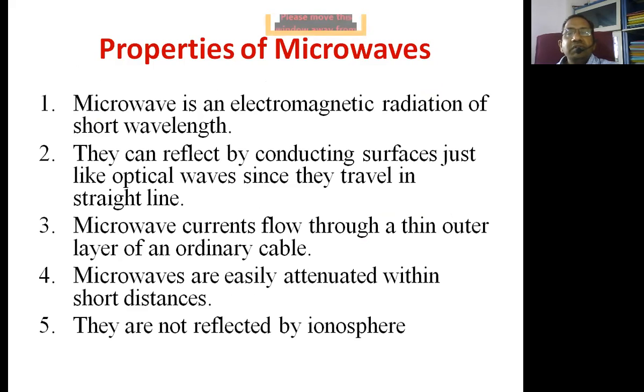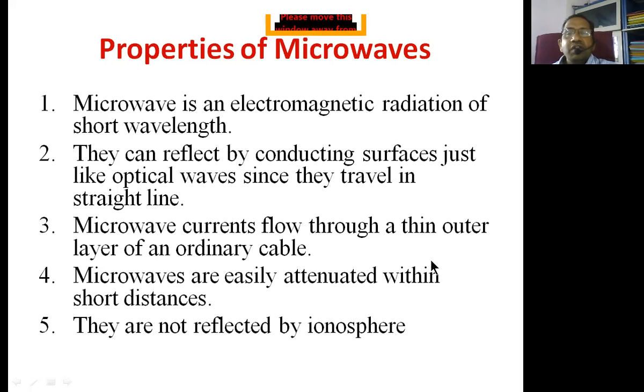Microwaves are electromagnetic radiations of short wavelength. They can be reflected by conducting surfaces just like optical waves, since they travel in a straight line, that is, line of sight propagation.